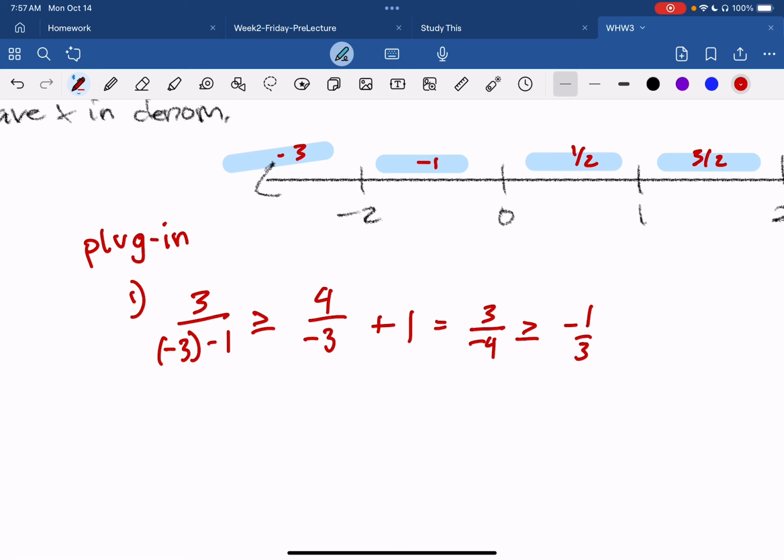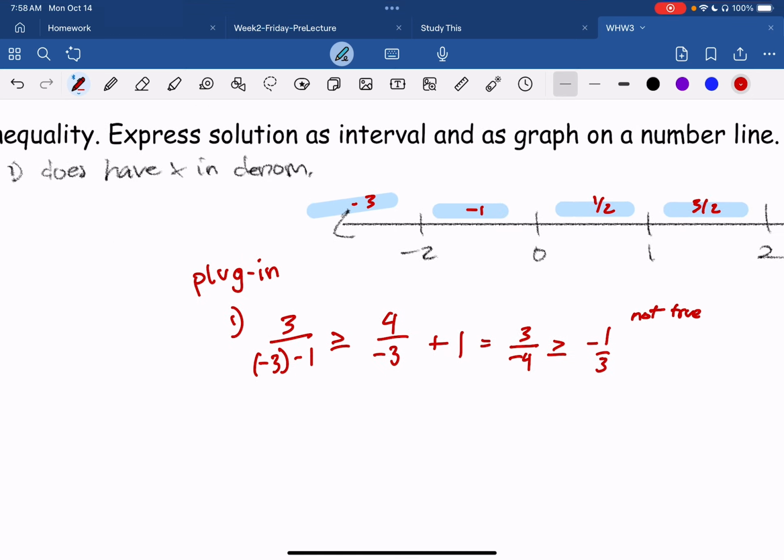So this is not true, because negative 3/4 is farther negative than negative 1/3. So I know that it's not here.